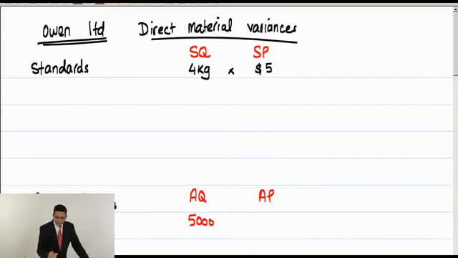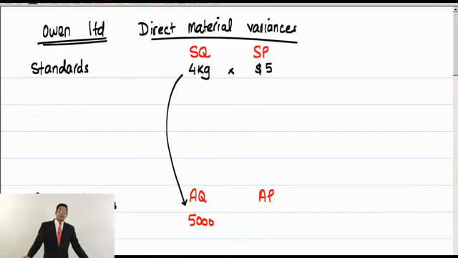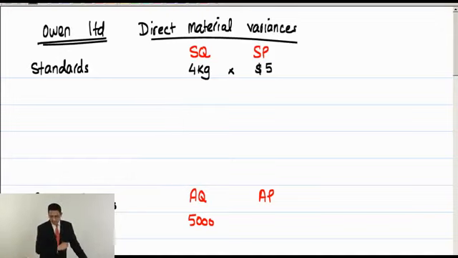Now, do you think a comparison between 4 kilos and 5,000 will be of any use, or would it make any sense? No. What is 4 kilos and 5,000? Doesn't make any sense. Okay, right? So we will see how to change it.